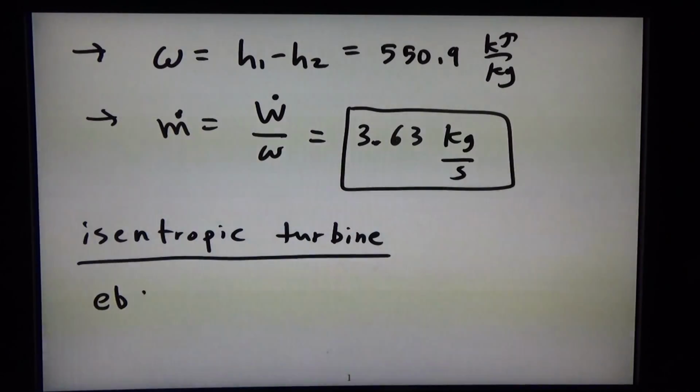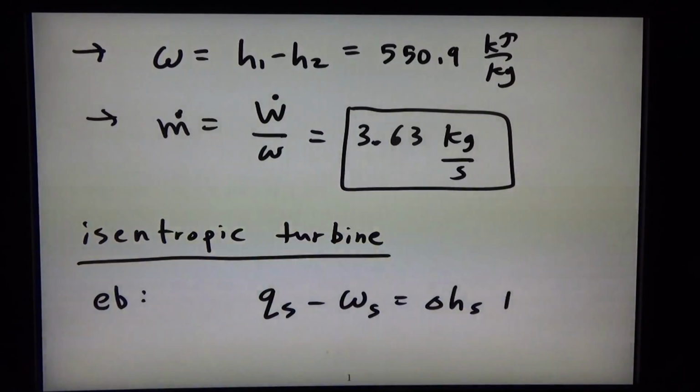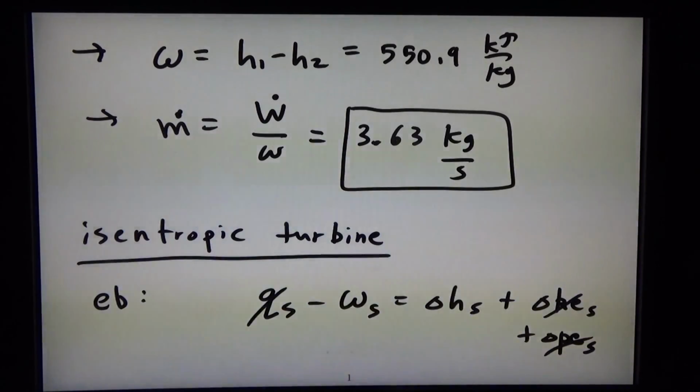The energy balance for the isentropic turbine should look like Q minus W is equal to delta H plus delta KE plus delta PE. So same assumptions that we made for the actual turbine we make for the isentropic turbine. And we get the work per unit mass for the isentropic turbine is H1S minus H2S, negative delta H for the isentropic turbine.